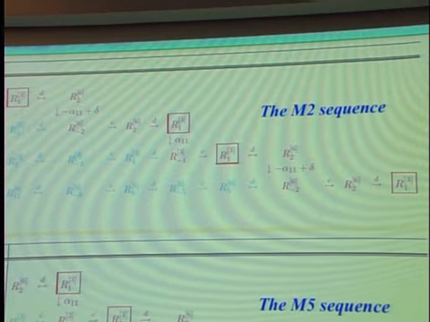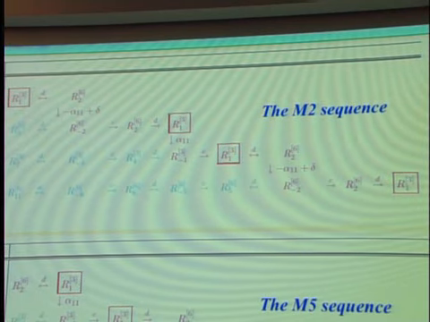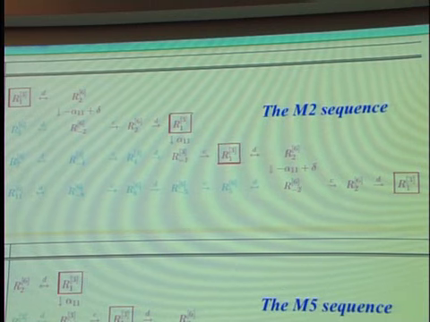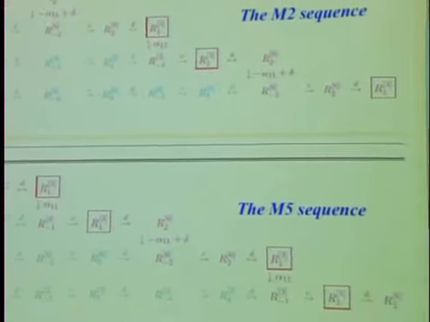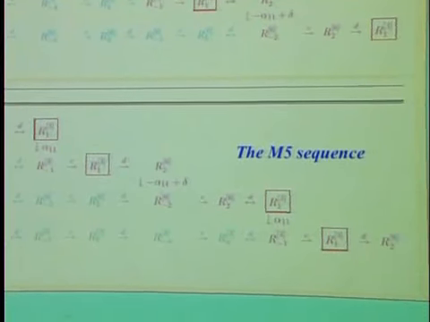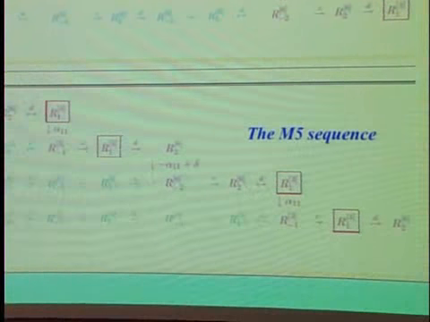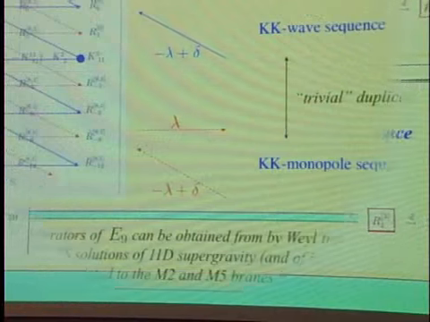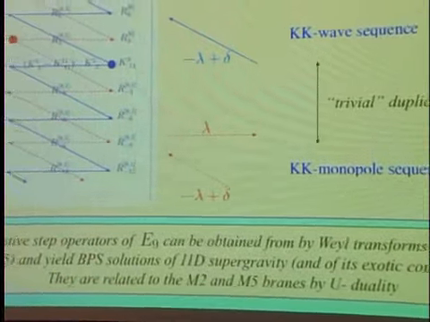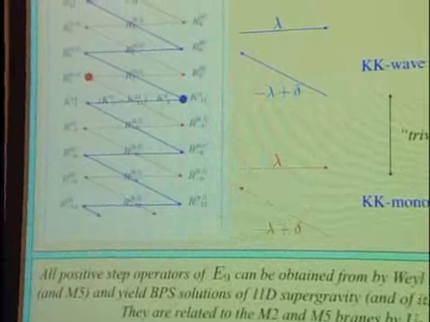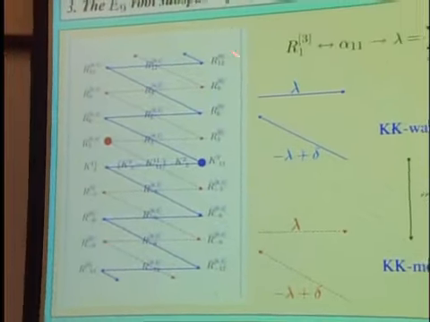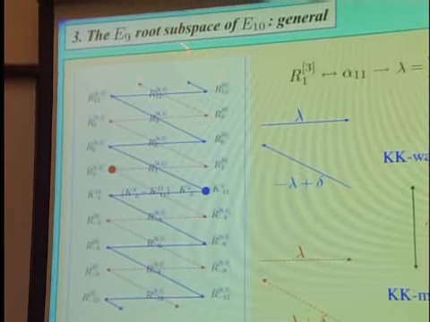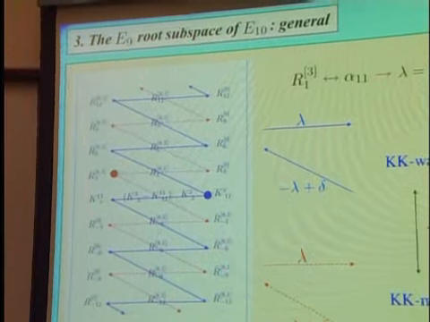Now, this is a generalization of the M2 brane. Now you can generalize to the M5 brane. The same thing. I'm not going into detail. And now you can do everything else. You can go on. And you do the same thing for the wave sequence and for the Kaluza-Klein monopole, which in fact are again Weyl transforms of the M2 sequence and the M5 sequence.